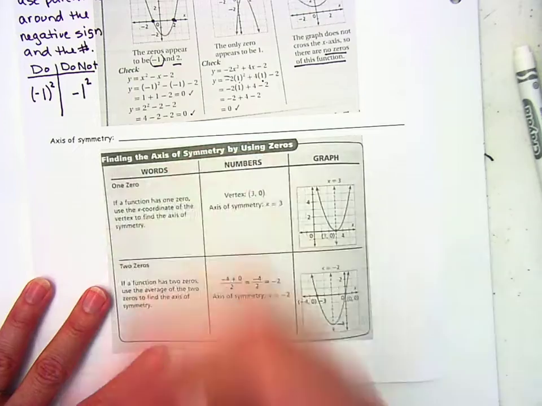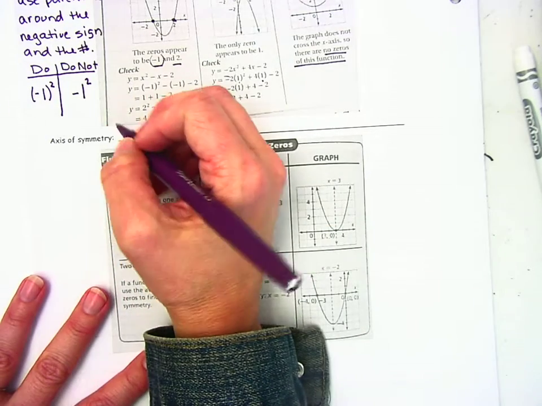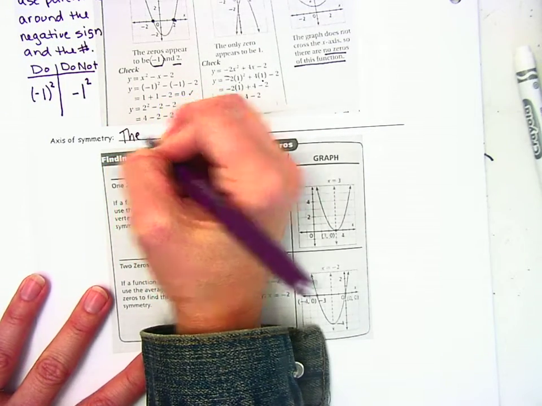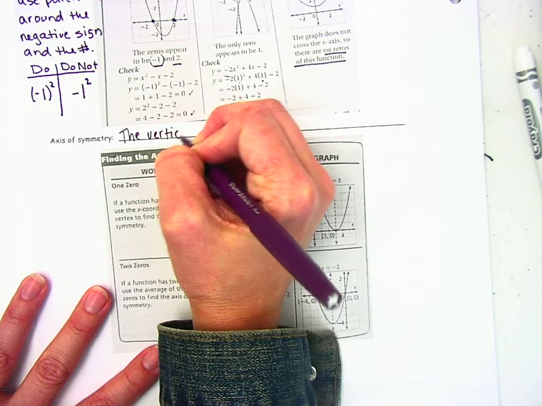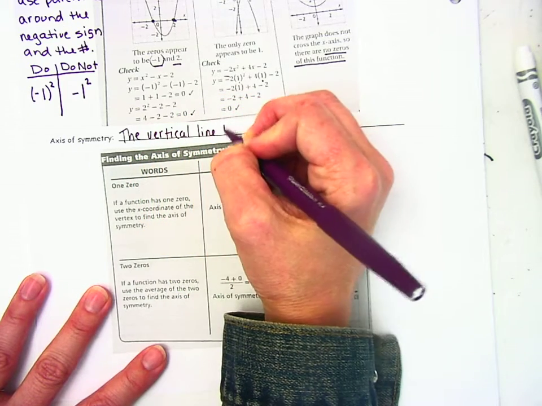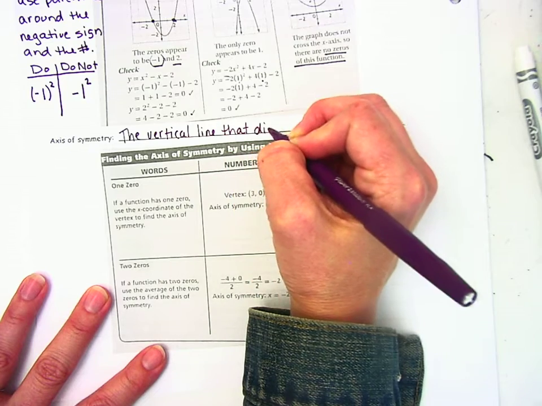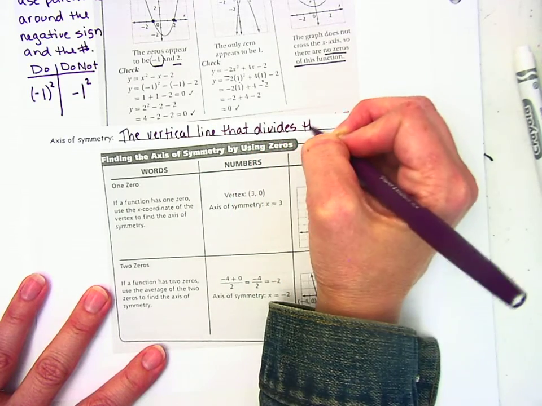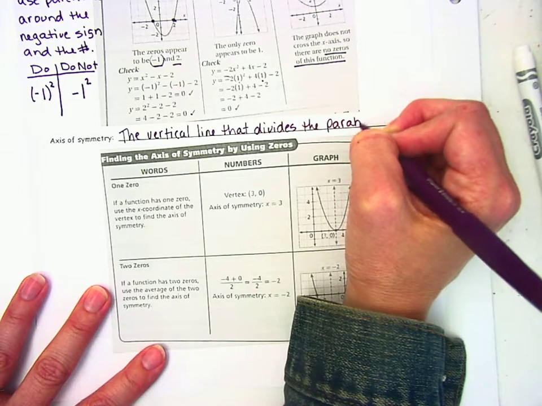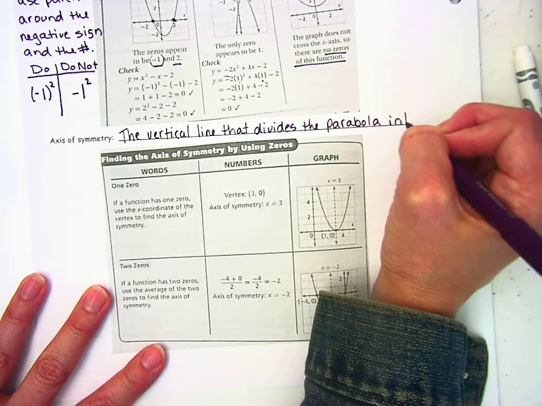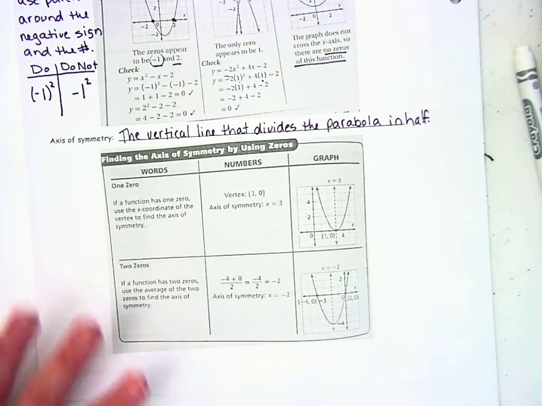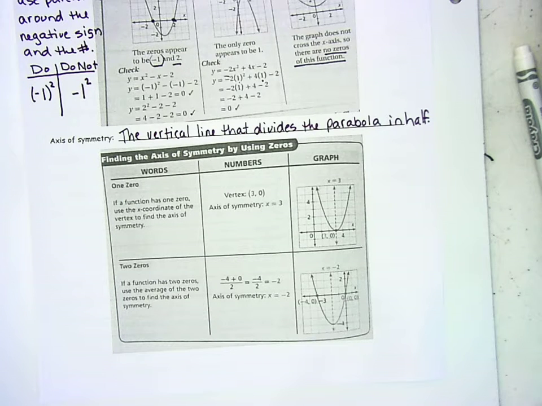Axis of symmetry is the vertical line that divides the parabola in half. Now later in geometry, you're going to hear the word bisect. That's the same thing. It's dividing it exactly in half.